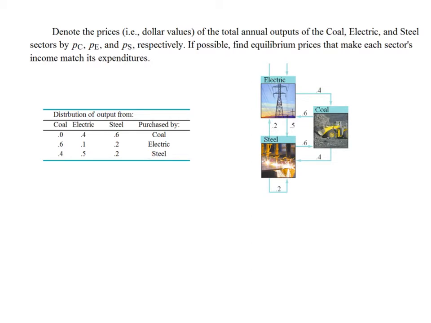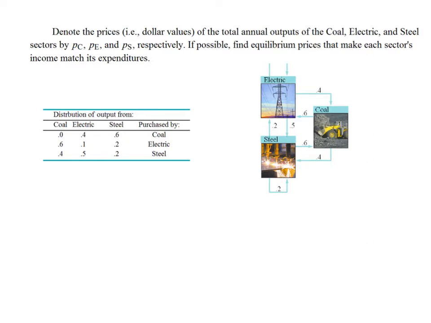For the electric industry, 40% of what the electric industry produces is purchased by coal. 10% of the electric that's produced is purchased by electric, so 10% goes into running and maintaining the electric industry itself, and 50% of the electric produced is purchased by steel. And then we have the same breakdown for steel. On the right here is a more visual intuition of how these three sectors work together.